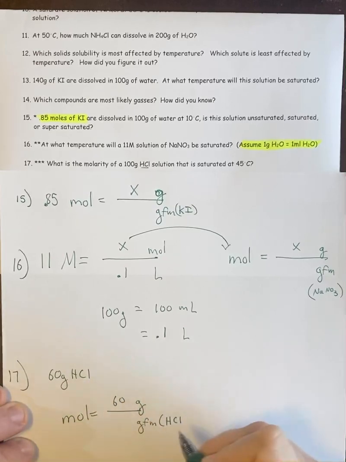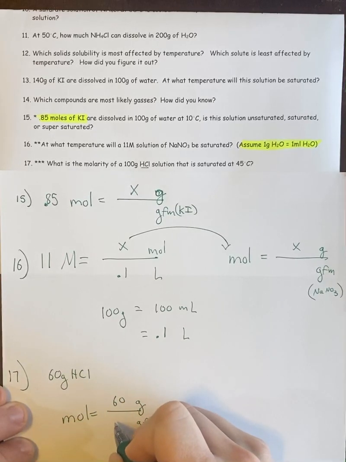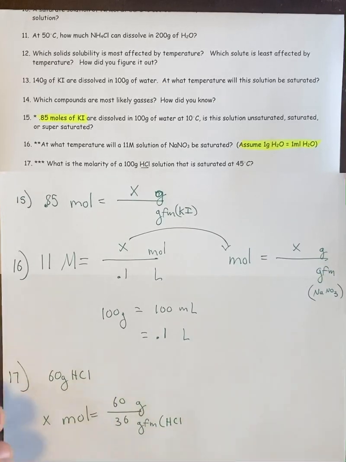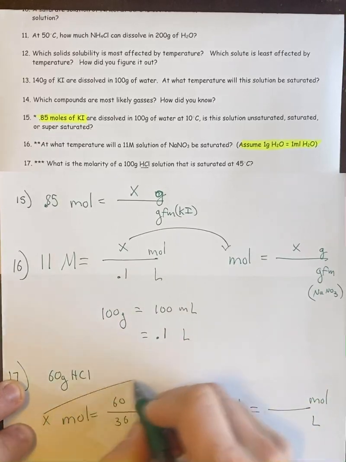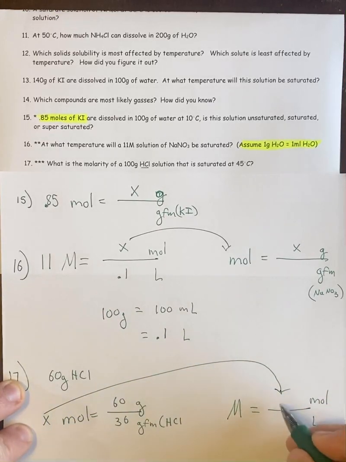You use your 60 grams, you figure out your GFM for HCl, which is 36, I believe. Let me double check. Chlorine rounded is 35, so 36 is your GFM. Solve for moles. You then know how many moles it is.